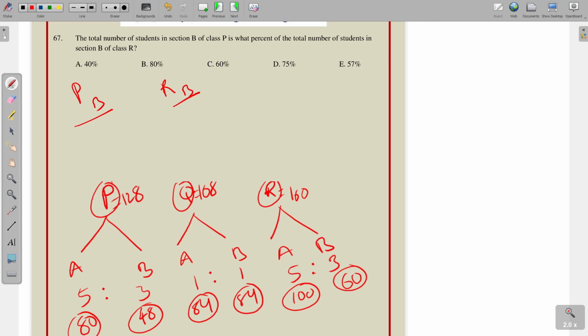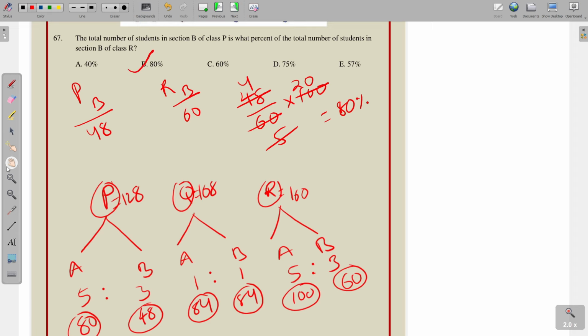Class P section B is 48, class R section B is 60. 48 is what percentage of 60? In that 12 4 times, 12 5 times, 5 20 times, 20 into 4 is 80 percentage. For this question this is the answer.